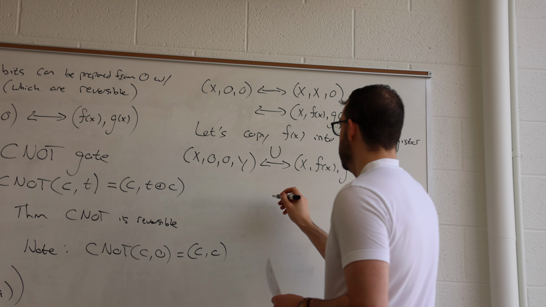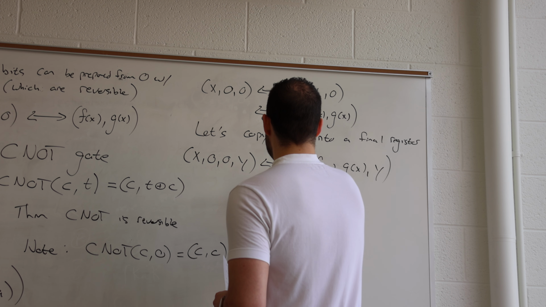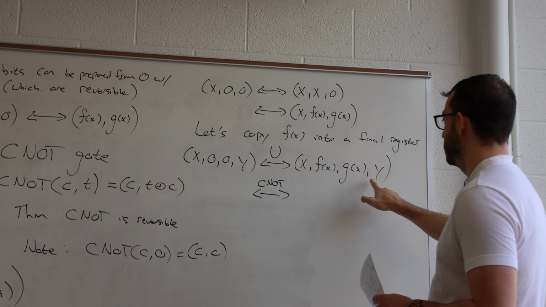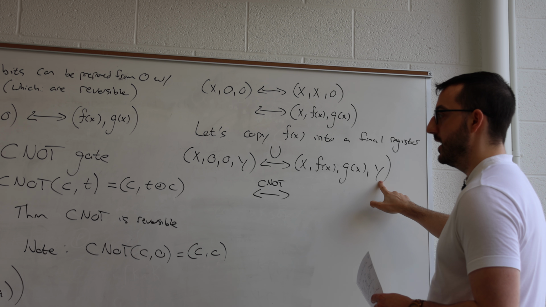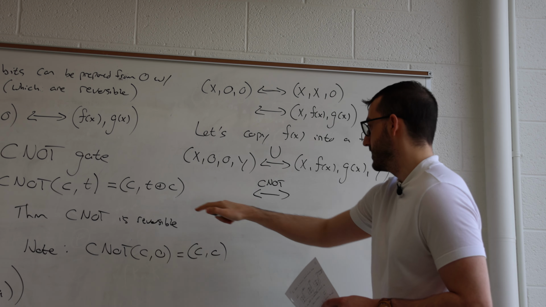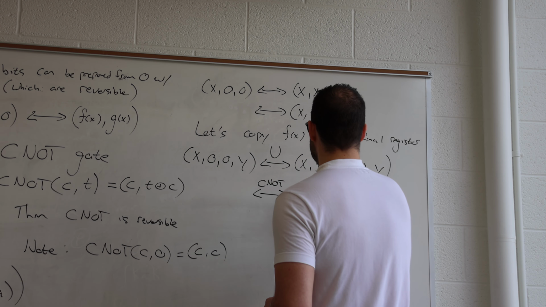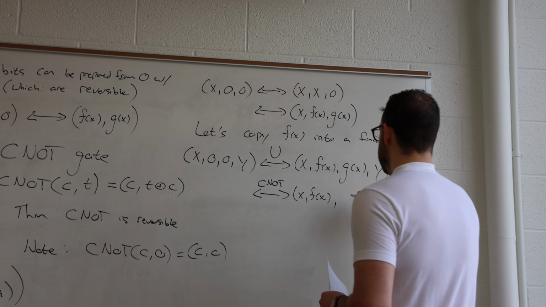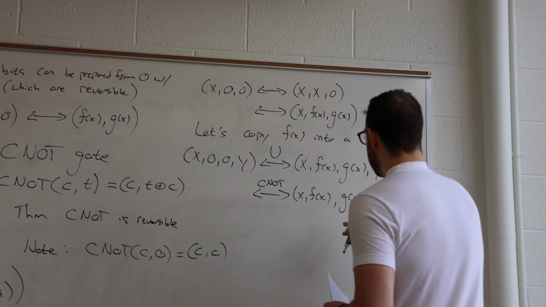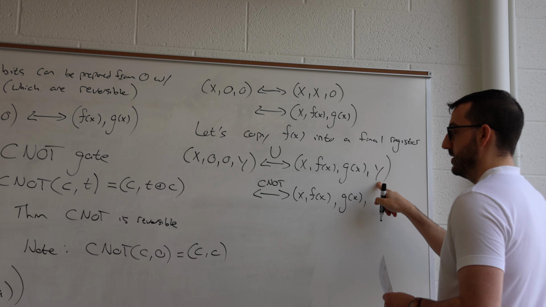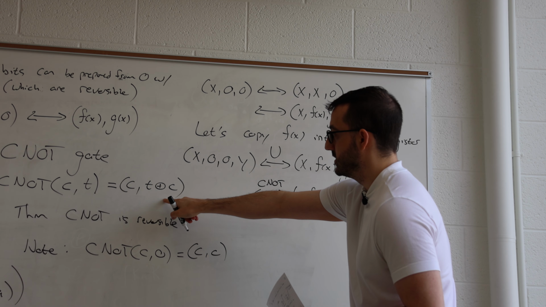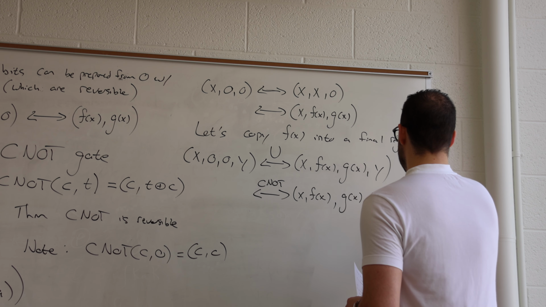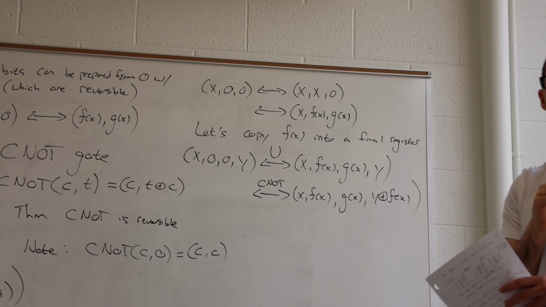And now I'm going to use a C0, which I also know is reversible. And I'm going to write the value of f of x into the output register y using this definition of the C0 gate here. So x won't change. The control is f of x, so that won't change. G of x isn't being touched, so it won't change. And then the last is the target register. So I'll have y plus f of x. Does everyone agree?